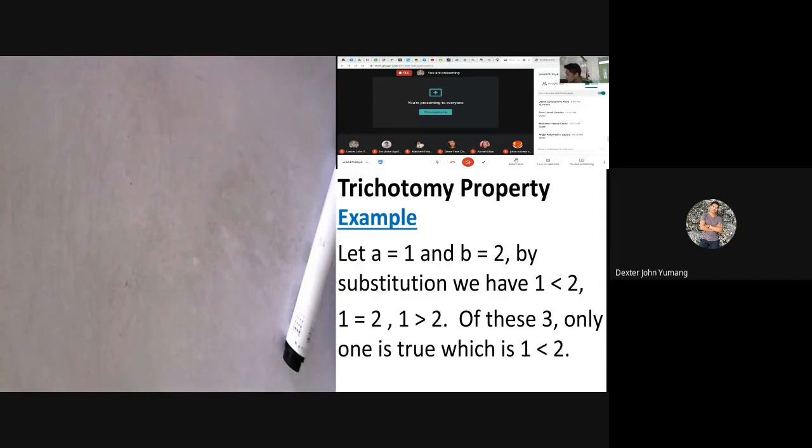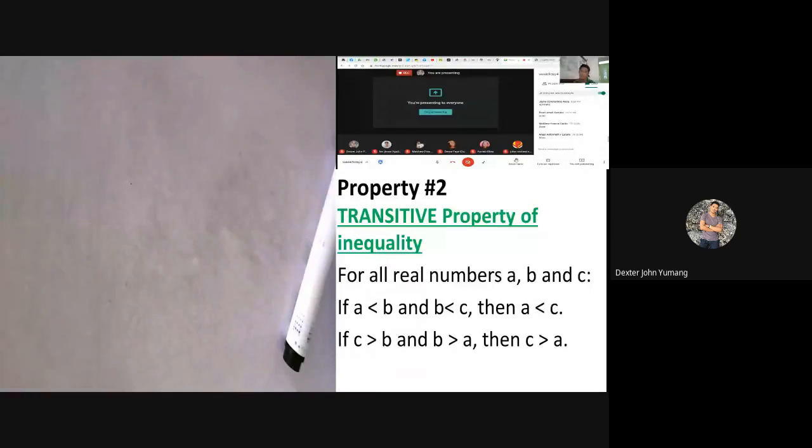Okay, next. Ready? Maybe I could proceed now. Next is property number 2, the transitive property of inequality.